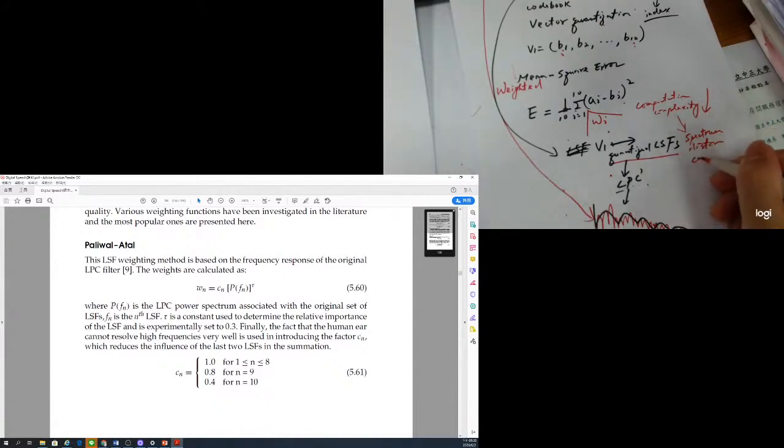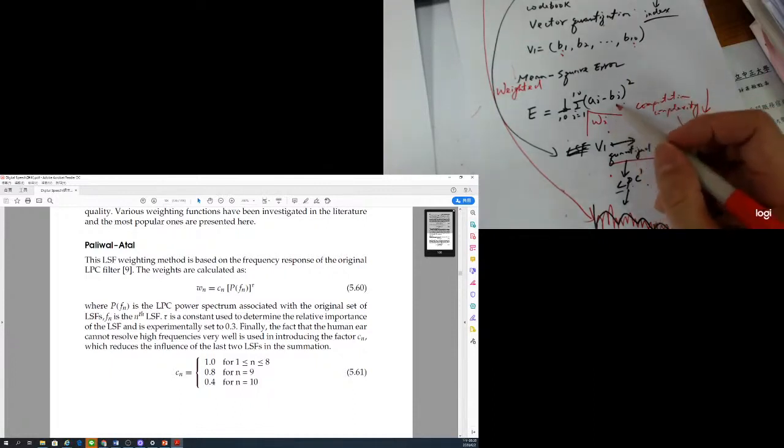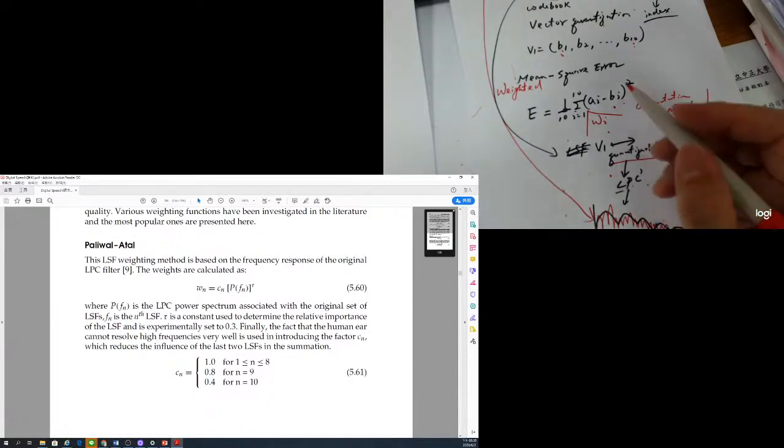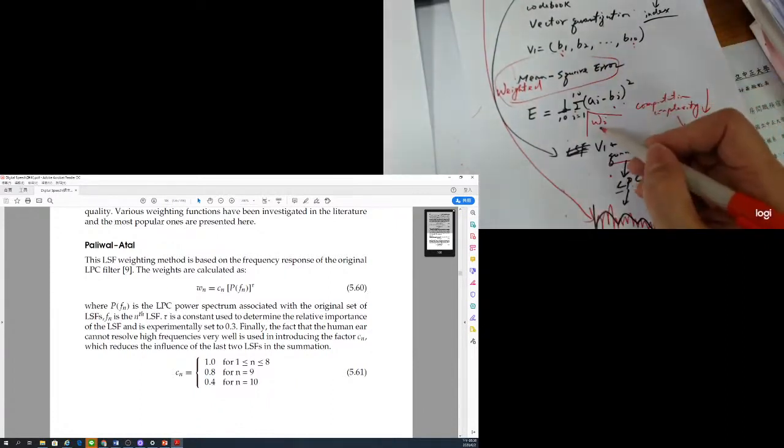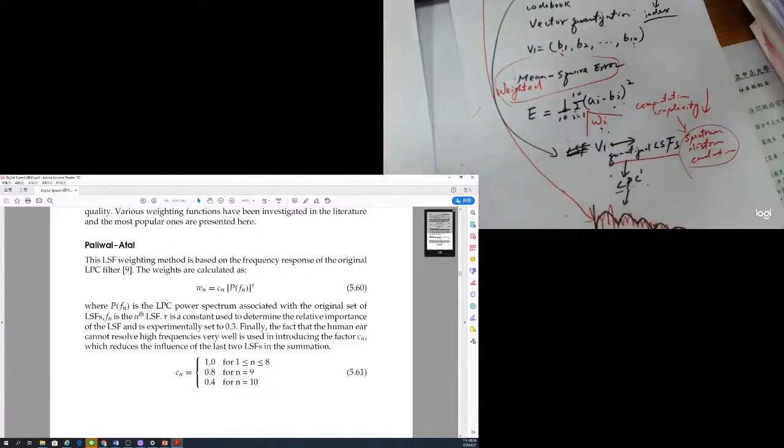However, the spectrum distortion calculation is more meaningful and useful from a perceptual point of view. Right now we are thinking about the simple way, so how to do the weighting in the mean square error. Then we'll talk about how to use the weighting coefficient here.